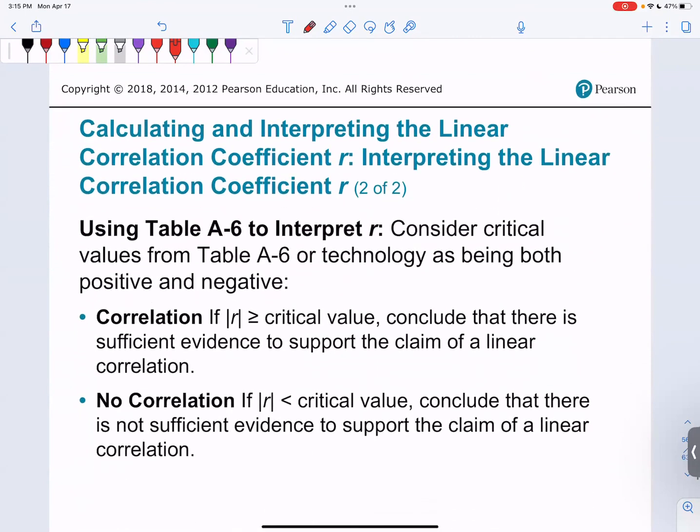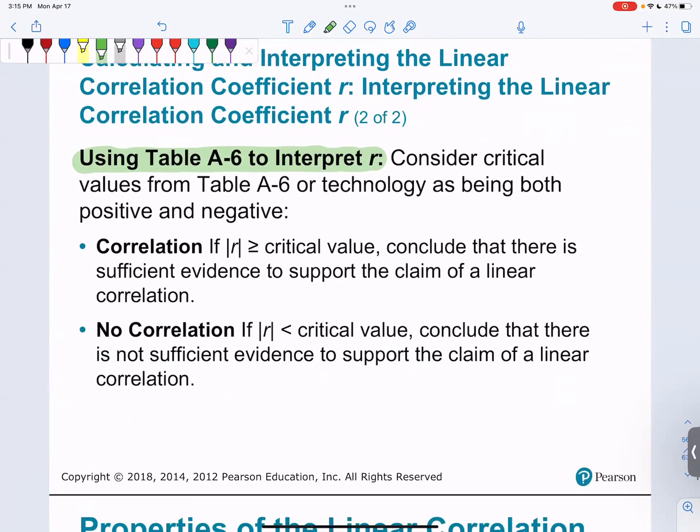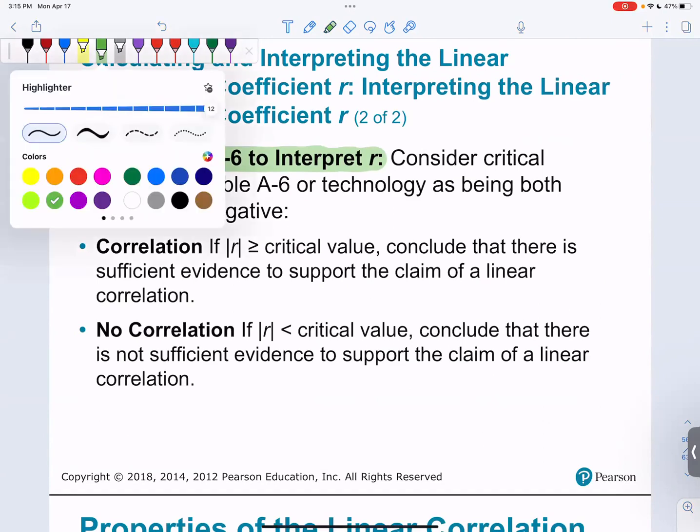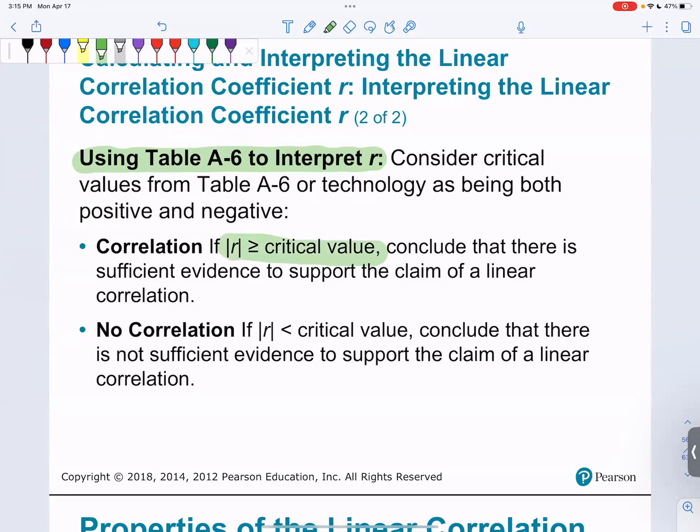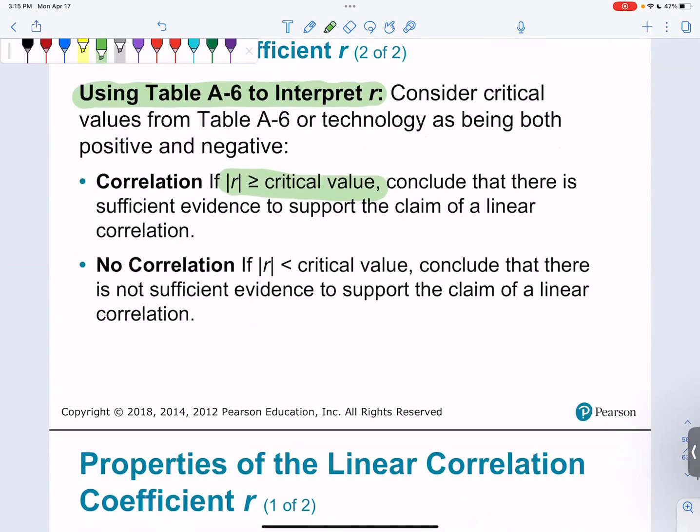Also, we can use a table. Okay, you can use a table to find the correlation. Basically, if we have the value of r, remember from the first week, this is -1, this is 1, and this is 0, and we have the critical value here.